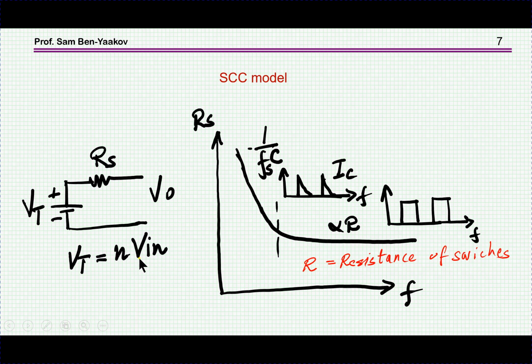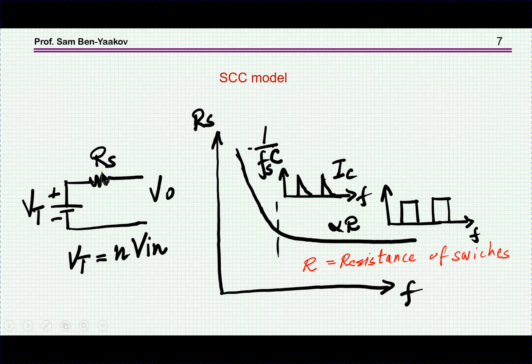In our case, n is 0.5. There are some other topologies that give you times 2 or divide by something or times 5, etc. So this is the voltage source, topology dependent, and which determines n.